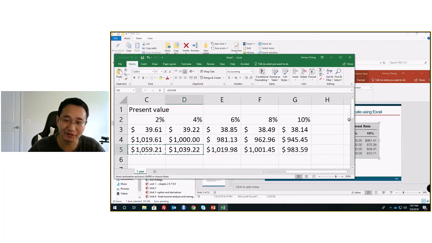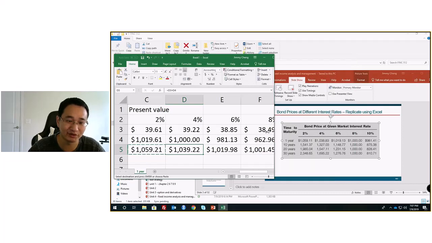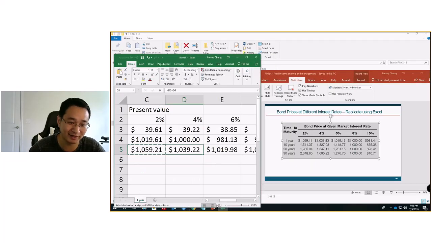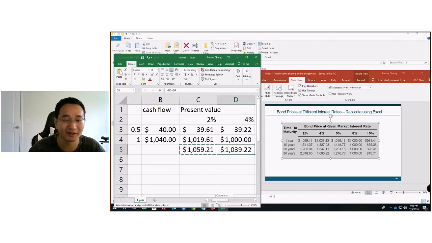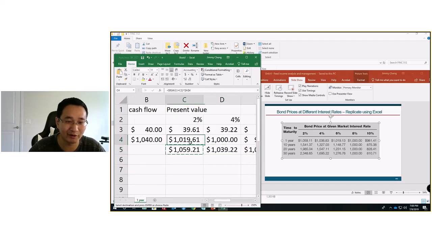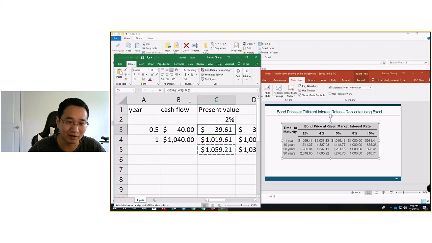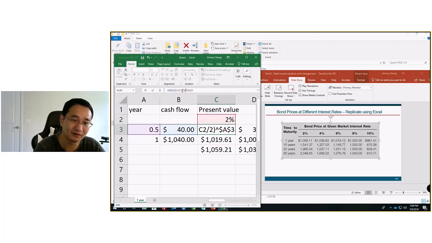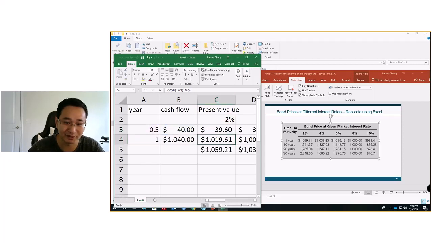Maybe they didn't even do semi-annual. Maybe they did it continuous. Anyway, the whole idea is the same. We did semi-annual compounding here, and there are multiple ways to do it. You can do this to the power of 0.5, or you can simply do this divided by 2. I wouldn't say which way is better.